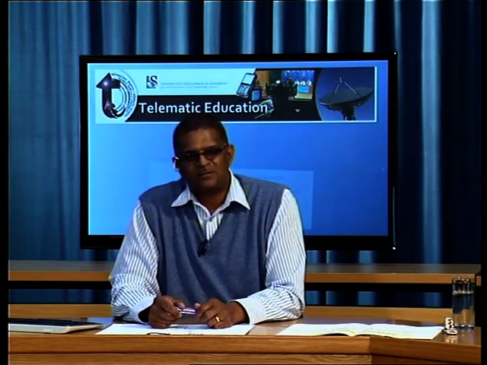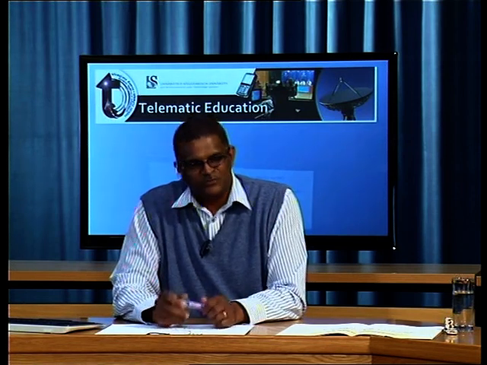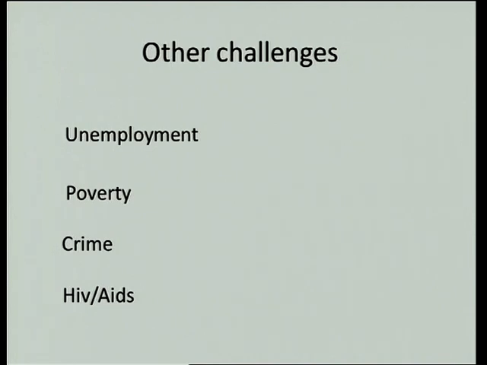We've got the unequal distribution of income: a large number of people earning small amounts of money, and then a small number of people earning millions of rands. Then we've got crime that we've got to deal with, and then we've got HIV/AIDS that affects the workforce.